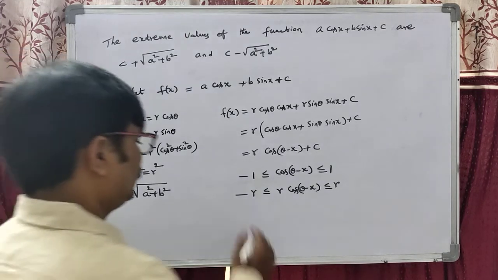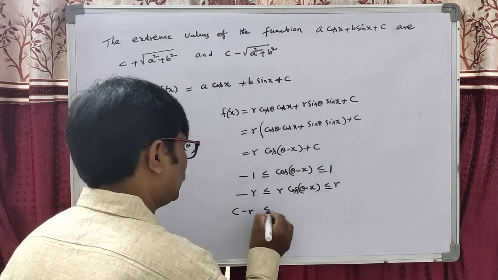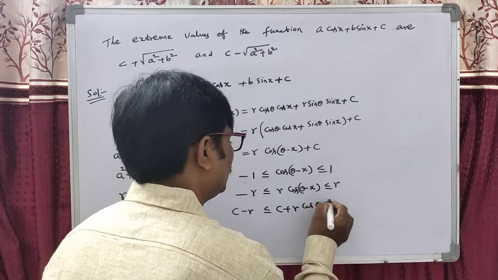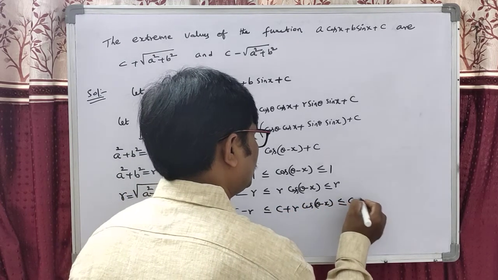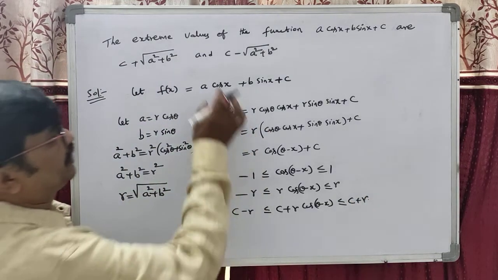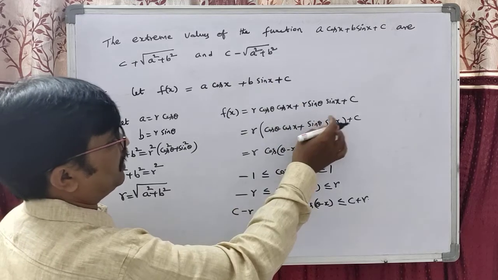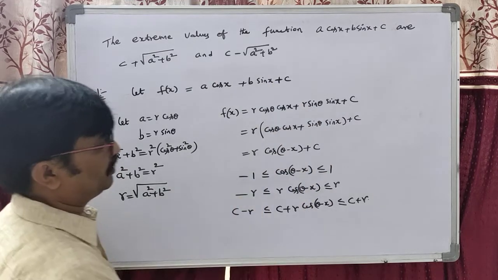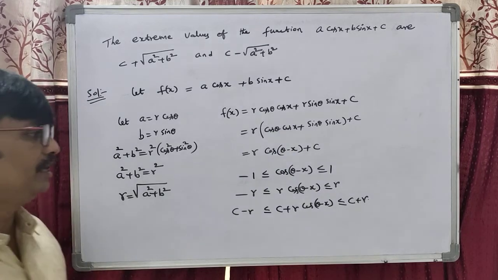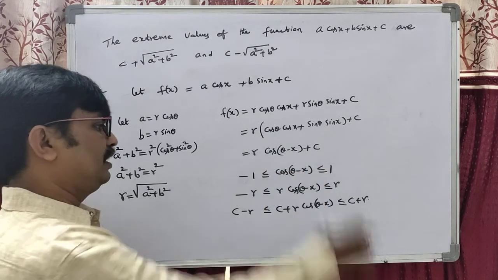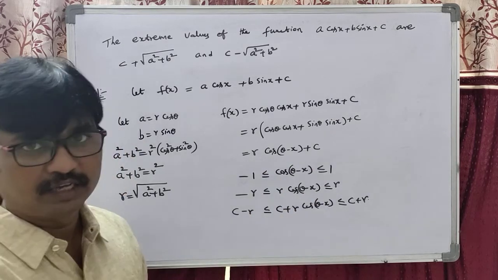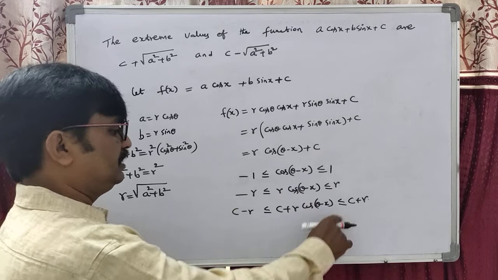Adding c to each term, we get c minus r less than or equal to c plus r cos of theta minus x, less than or equal to c plus r. First we took a equal to r cos theta and b equal to r sin theta, and r is common. Everybody knows cos theta lies between minus 1 and 1. Then we multiply each term by r and add c to each term.